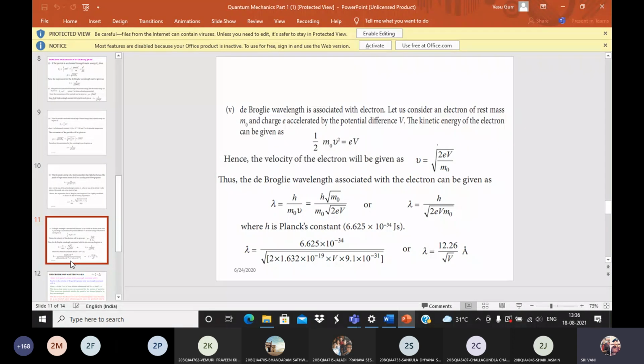So the present model is 12.26 by root 5, because the potential given in the problem is 5 volts. If it is 3 volts, then 12.26 by root 3.